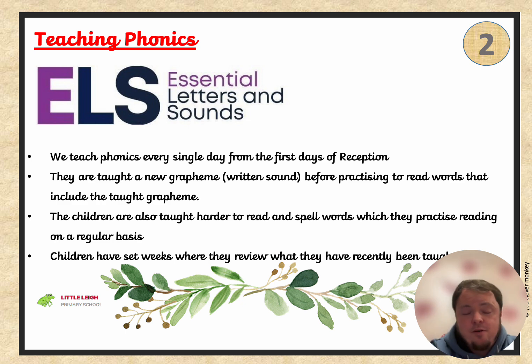So throughout reception and Year 1, especially in reception, the children are taught hard to read and spell words in lessons, and this is so we can help them become more confident readers when they're reading words, because when you read a sentence in a book, you'll often come across a hard to read and spell word. So it's important that we teach children how to read and spell words from an early age so they're able to read these words in their books, and it helps them become more fluent readers.